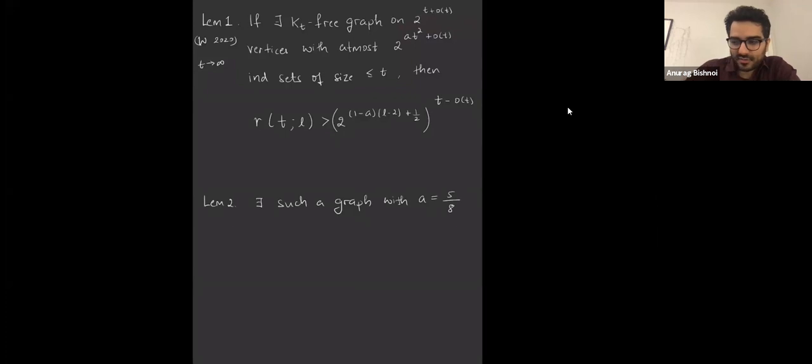So we have a graph on, let's say, roughly 2 to the t vertices, such that the number of independent sets it has, so the number of sets of size at most t which have no edges between them, is 2 to the a t squared, where I should write down that a is some constant between 0 and 1.